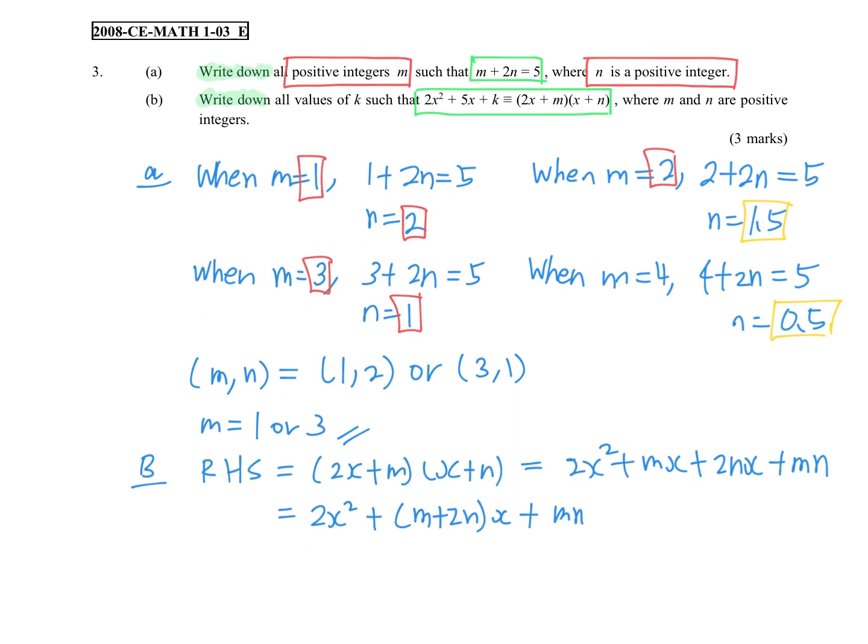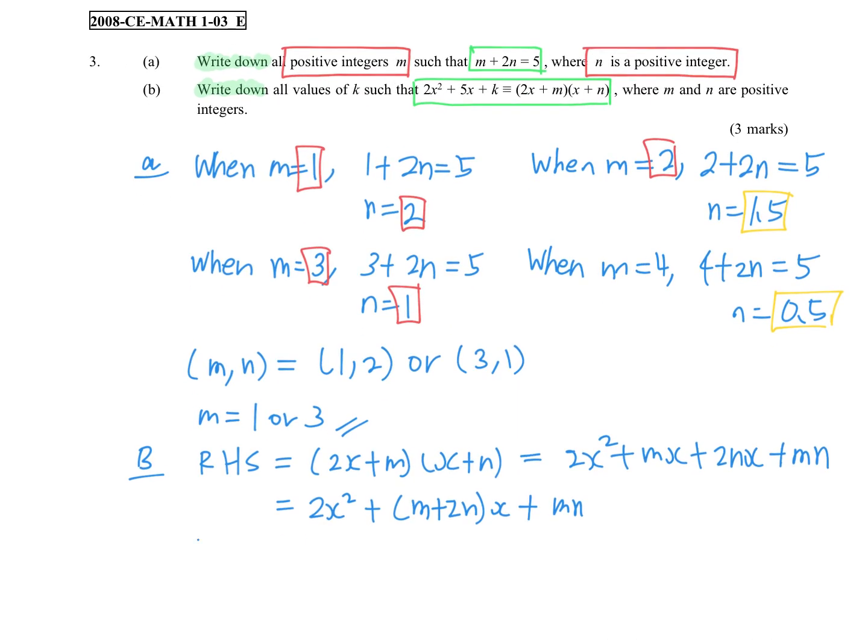Okay, and then for the left hand side, there will be 2x squared plus 5x plus k. Here we try to do some highlighting.